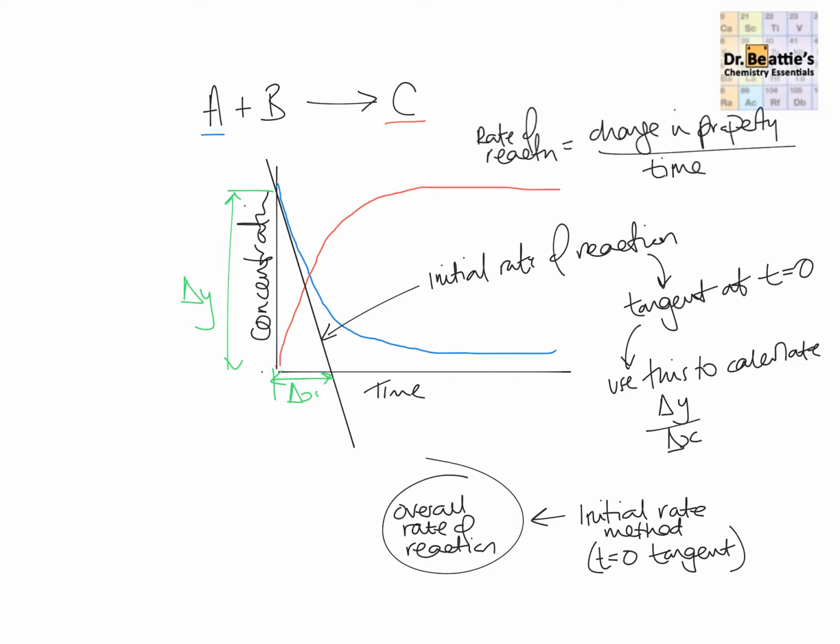But what's really important is that the overall rate of reaction is determined by the relationship that each of the reactants has on the overall rate. And this leads to a really important relationship. And this relationship is known as the rate equation.